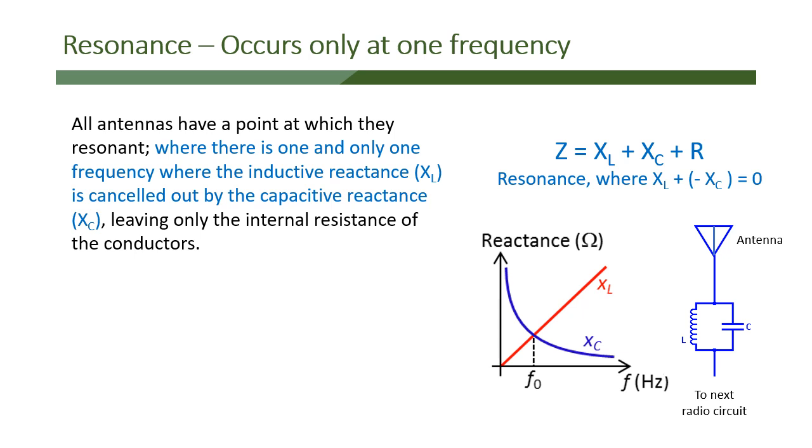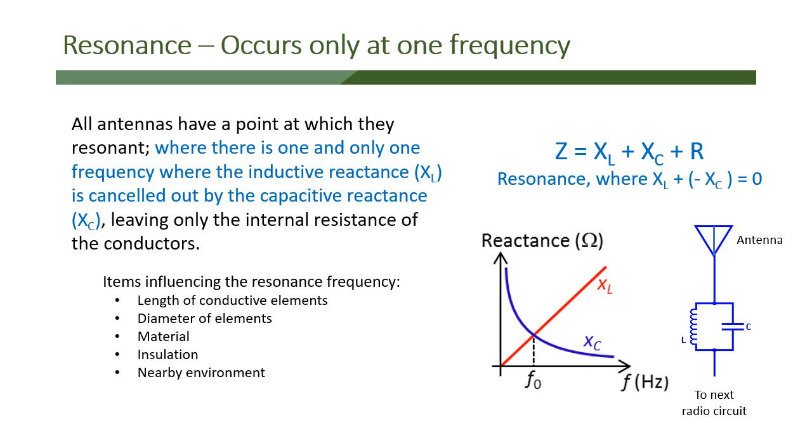That's what happens at resonance: the L and C cancel out and it becomes as if they don't exist, as if there's just one shorted wire from one end of that terminal to the next, and therefore we have maximized the current flow through the antenna. And that happens only at one specific frequency, unless we have a variable capacitor or a variable inductor. But in this case, we don't. So there's only one frequency where the antenna is resonant.